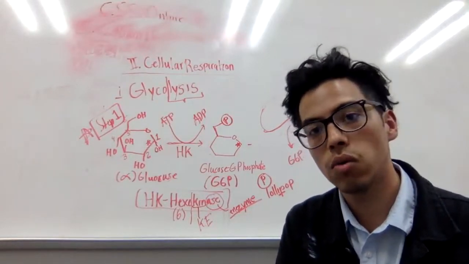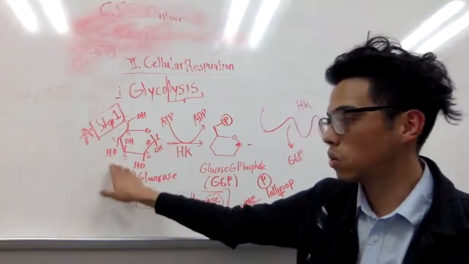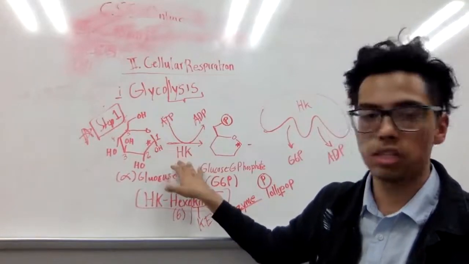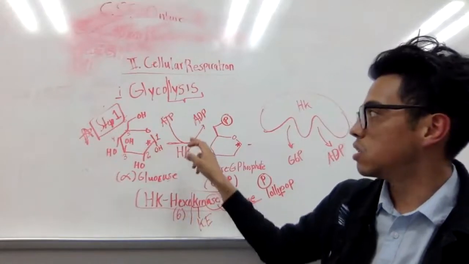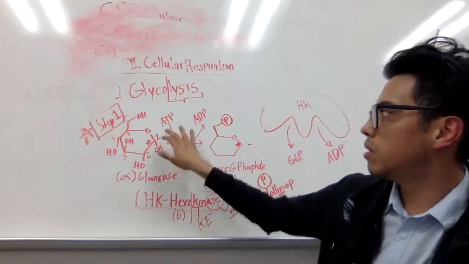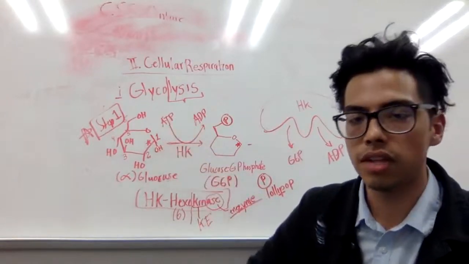Dr. Latham wants you to know the molecule names. This one is glucose. This one's glucose 6-phosphate, or G6P. You need to know the enzyme, HK or hexokinase, and obviously you need to know that ATP is used in this step.